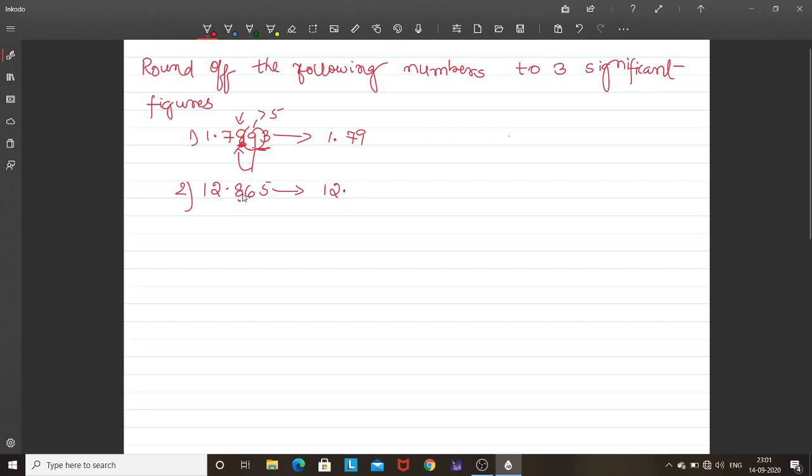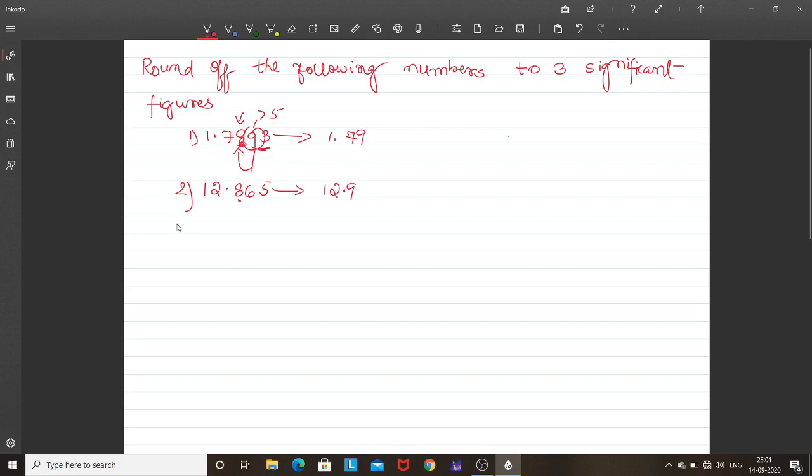Half of 8 is 4, and this number, 6, is greater than that, greater than 5, so you have to increase by 1. So 12.865 becomes 12.9.